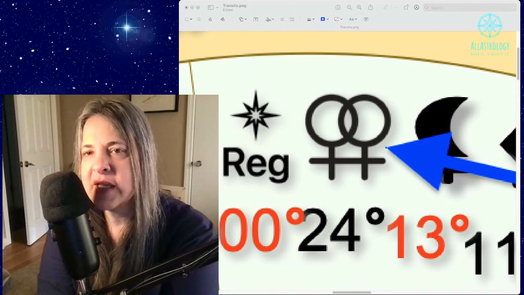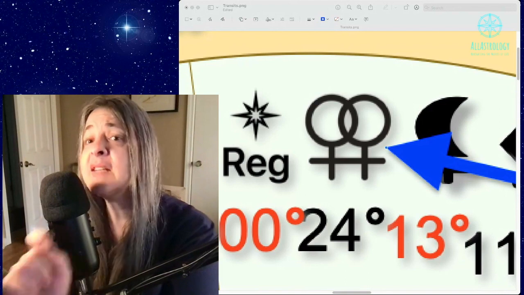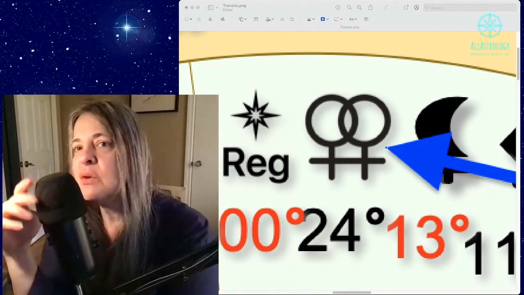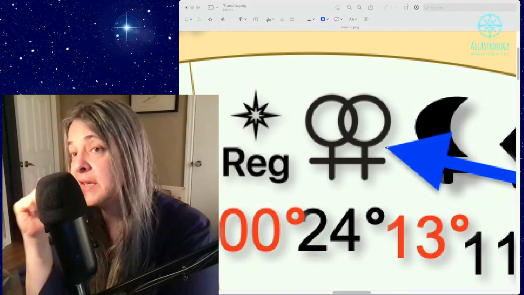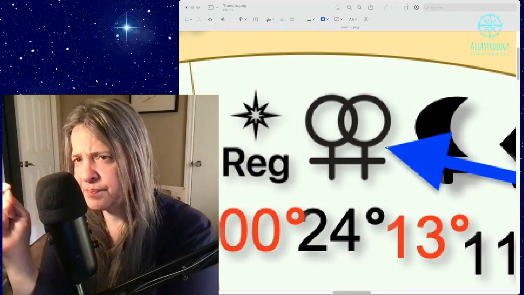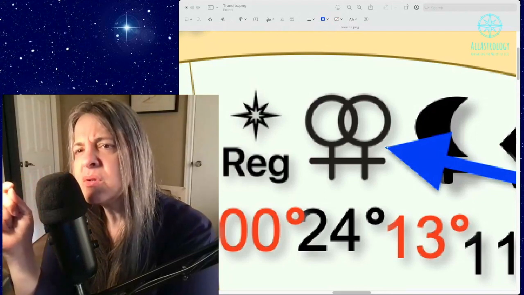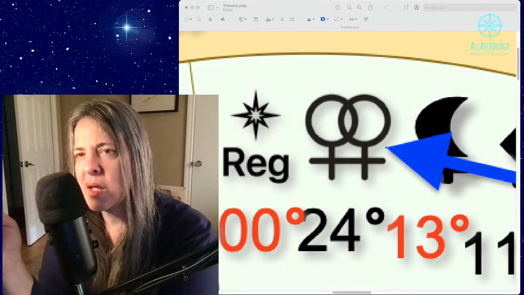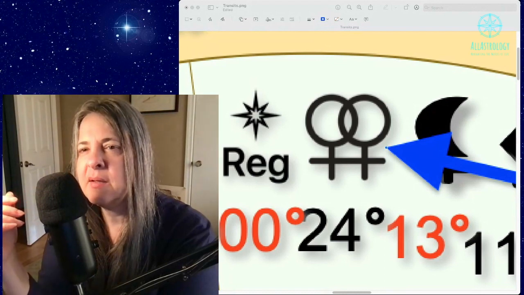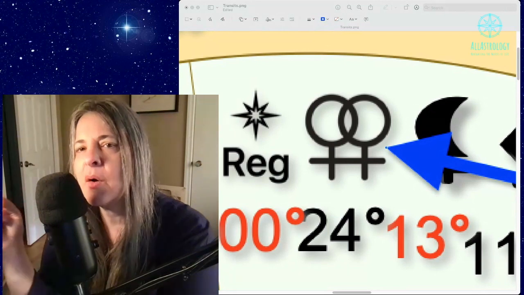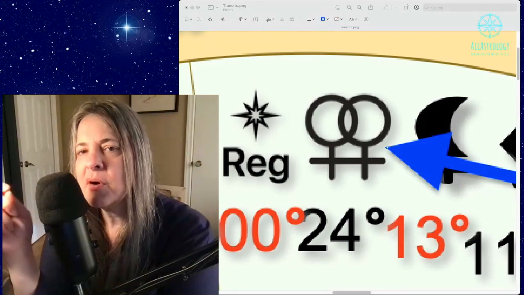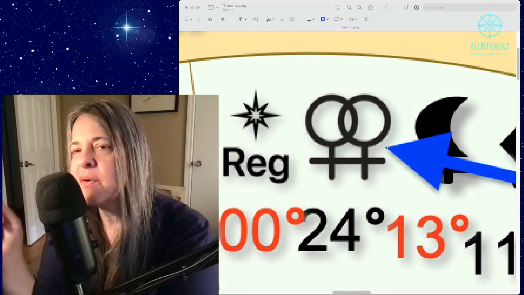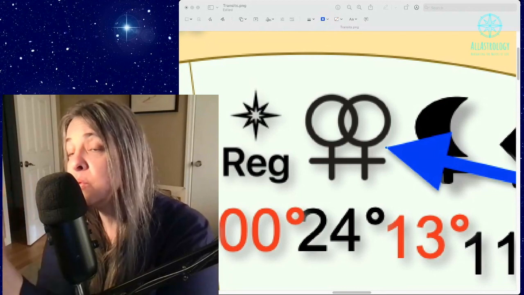Sappho, I'm going to read Sappho from the software. It's definitely feminine energy. She was a real person who lived on the Isle of Lesbos and was known for her lyric poetry. I don't even know if I pronounce that right. Lesbos. And was known for her lyric poetry, sometimes referred to as the 10th muse.